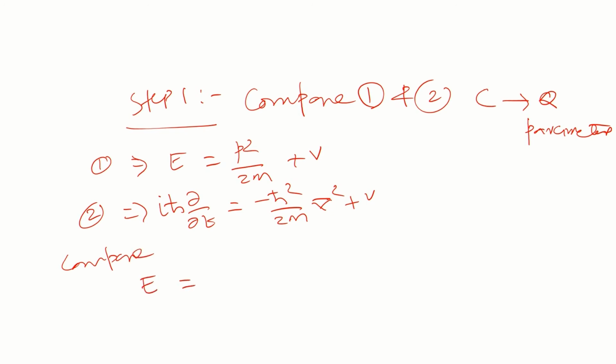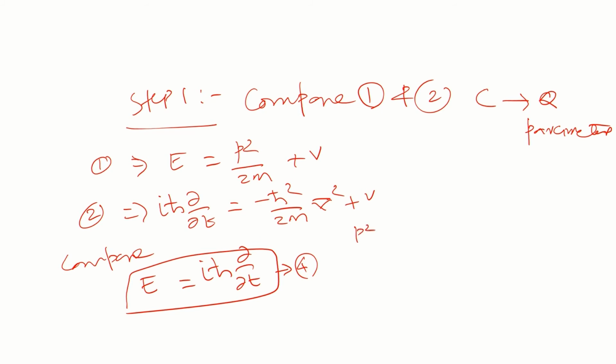E is equivalent to iħ ∂/∂t, is the very first thing. Let it be equation 4. And the V can be cancelled, and p²/2m is equal to -ħ²/2m ∇². 2m may be removed. So p² = -ħ²∇².